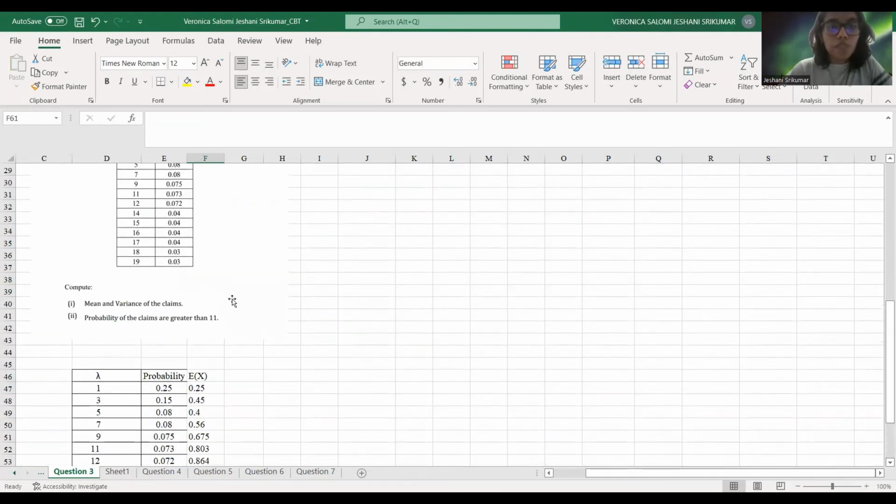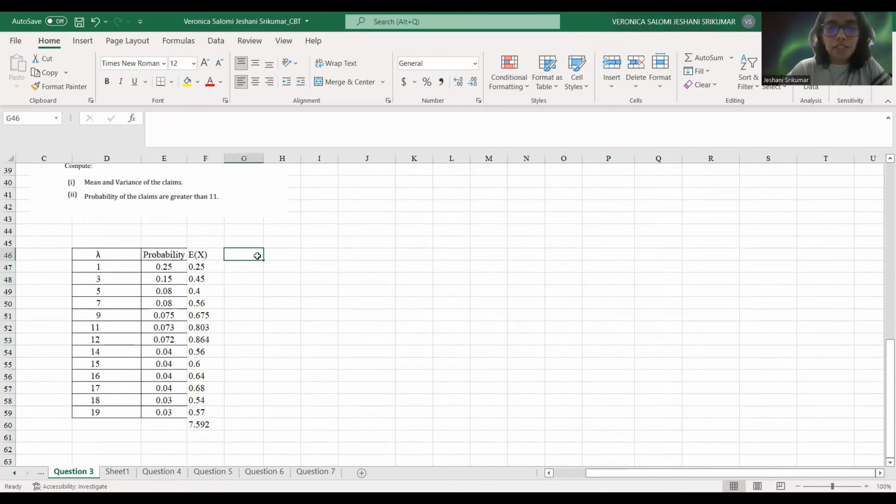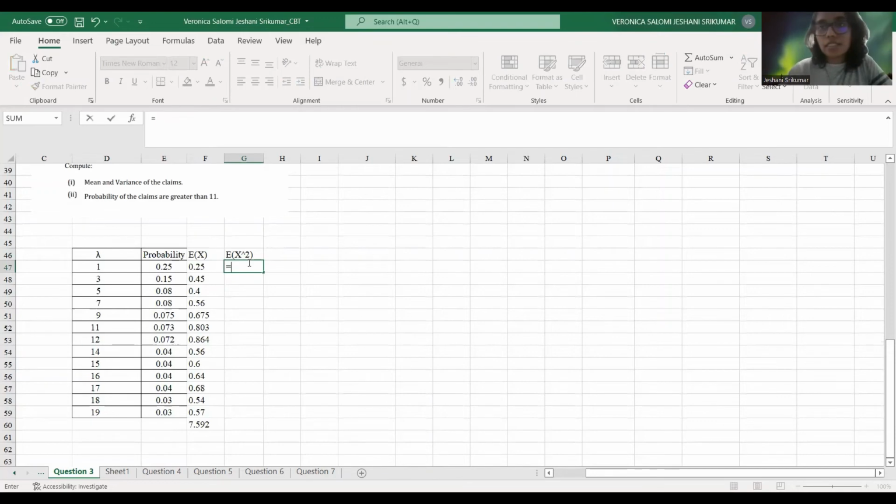So for variance, we first have to find the second moment, which is E of X squared. As we discussed earlier, it is the variance plus the first moment squared, right? So we have the variance, which is lambda, plus the first moment, which is, sorry, not E of X, it's also lambda squared.